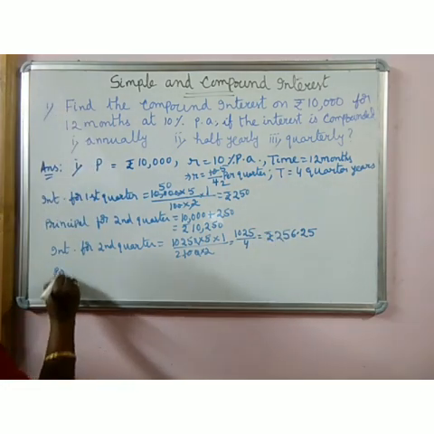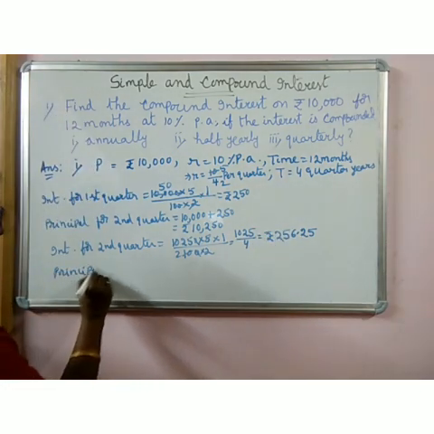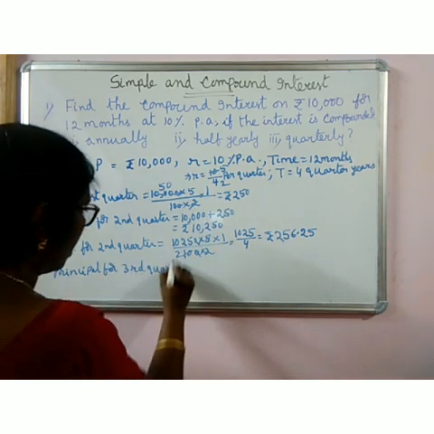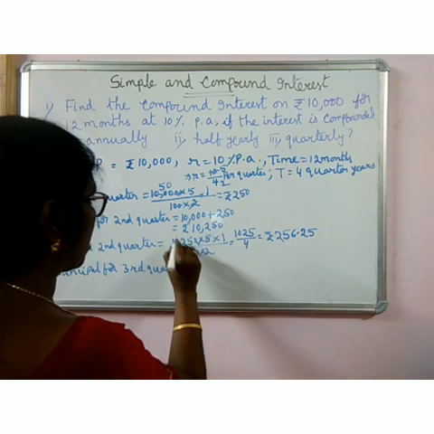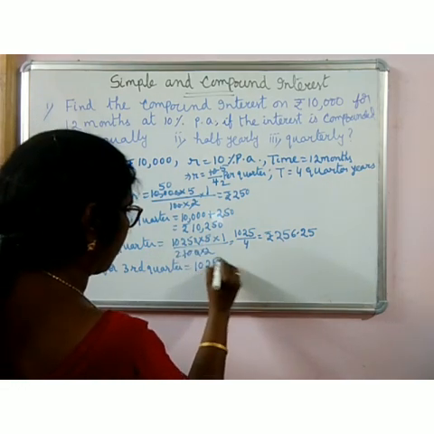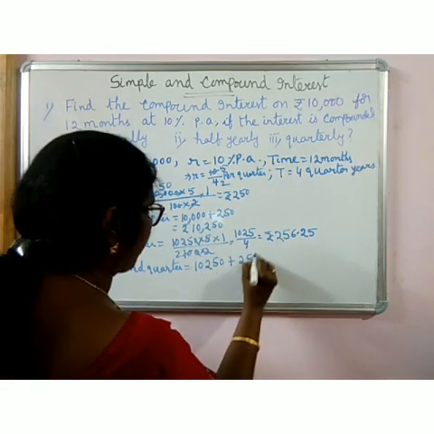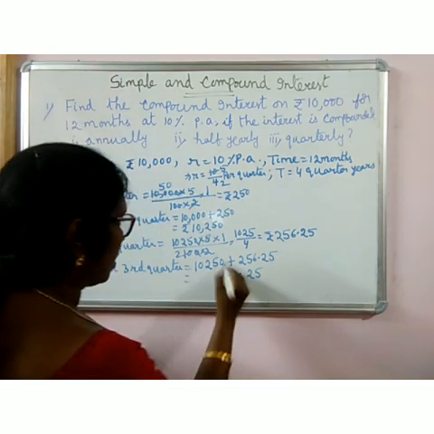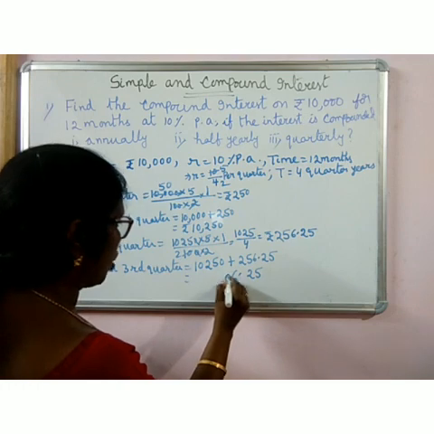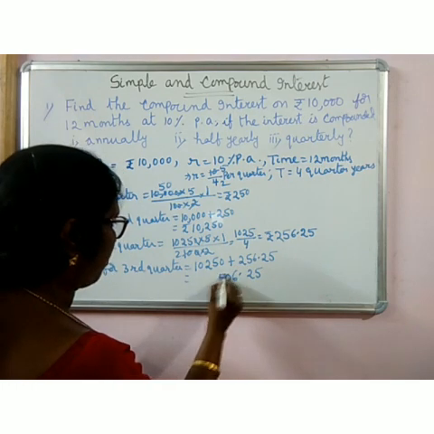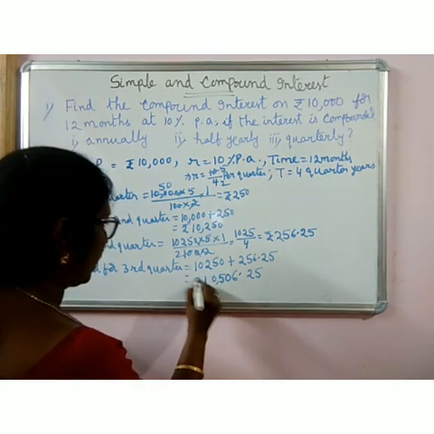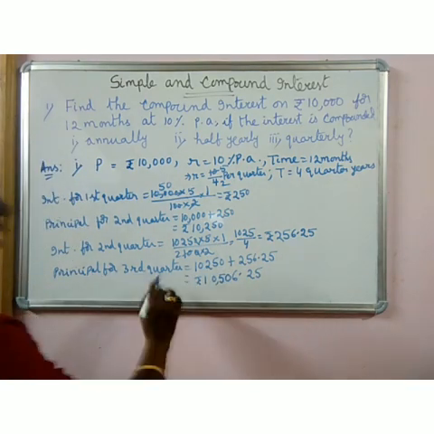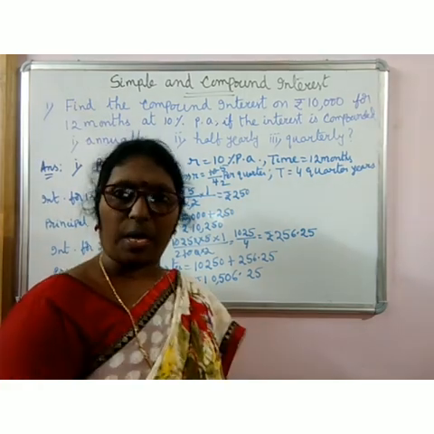Let us find the principal for the third quarter. It is 10,250 plus 256.25. You will get 10,506.25 rupees as the principal for the third quarter.